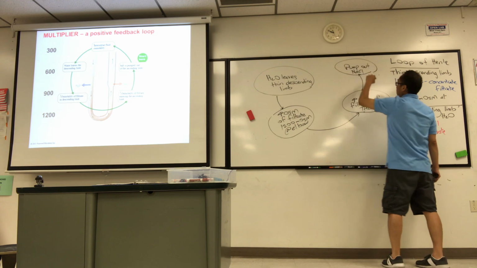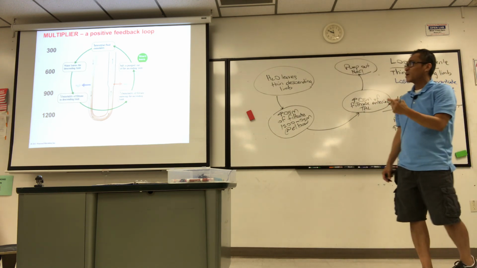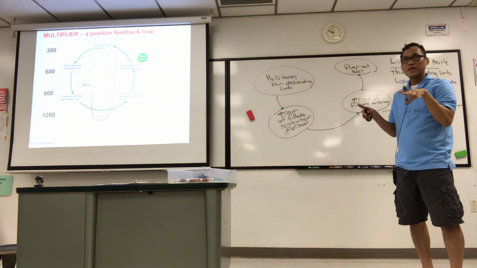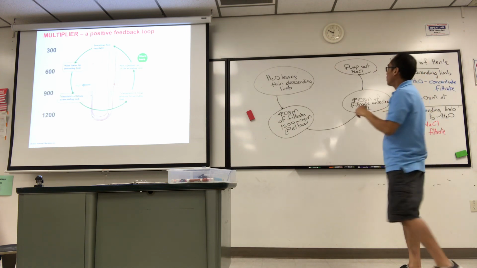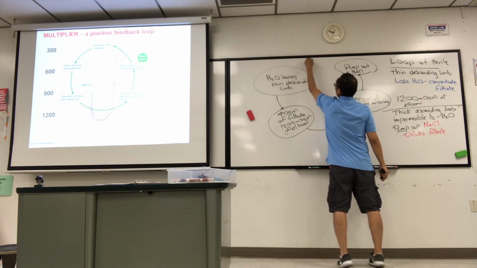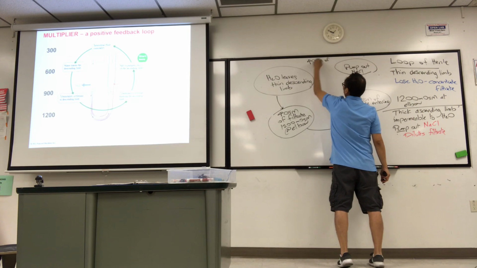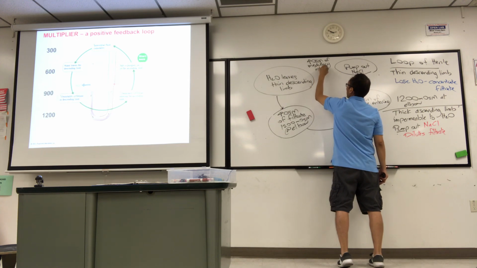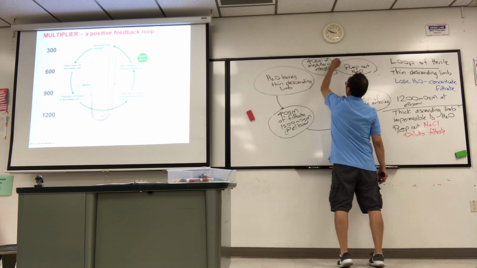And as you pump out salt, you're increasing the saltiness of the medullary pyramid. That's the top point. Increase OSM. Let's call it the medullary interstitium, the pyramid. Squeeze it in there.